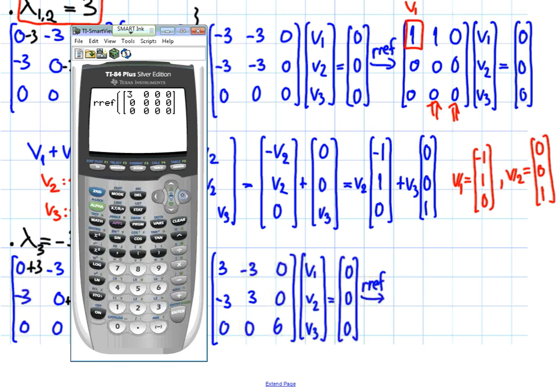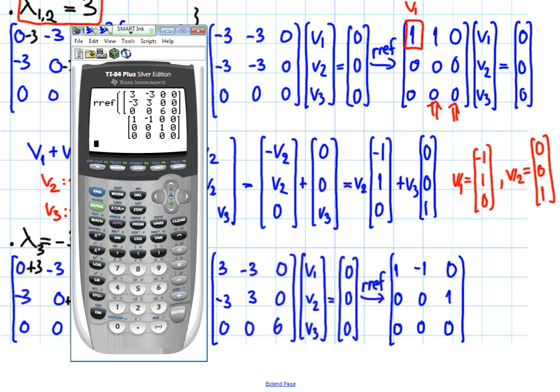3, -3, -3, 3, and 0, and 6. We have 1, -1, 0, 0, 0, 1, 0, 0, 0, V1, V2, V3.